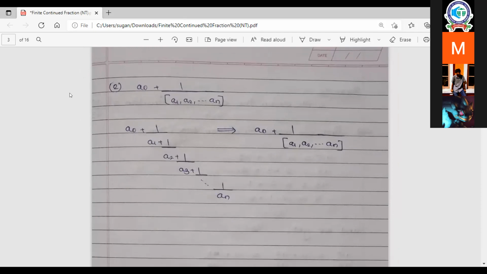We have this continued fraction a0 plus 1 upon a1 plus 1 upon a2 plus 1 upon a3, up to 1 upon an. So if we take this part only, we can write it as a0 plus 1 upon a1, a2, up to an. So we can write it in this form.